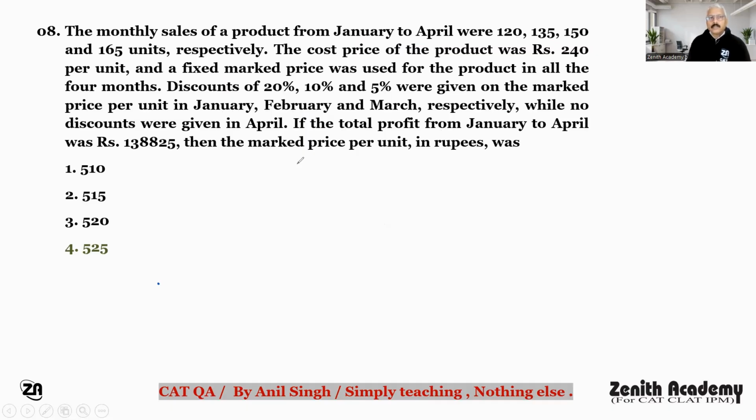So here the sale of the product from January to April is given. 120 products were sold in the month of January.